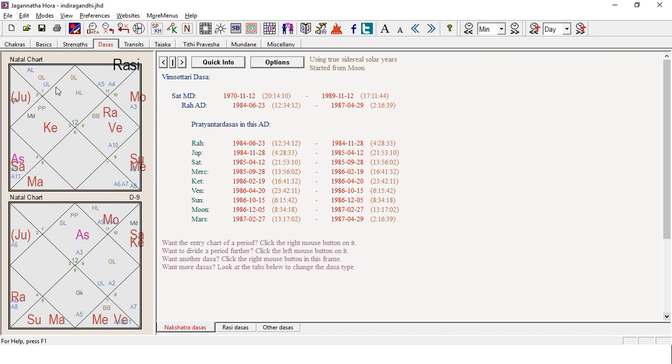Prime ministership is a post, and public position is indicated by the 10th house. So this native will use power to gain position. These are the 2 central themes in her life, power and position. You can get a very clear indication from the Navamsha Tulya Rashi chart.